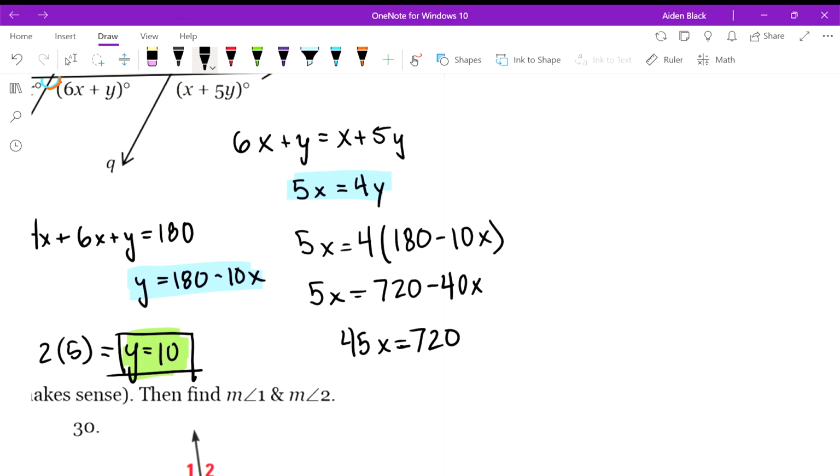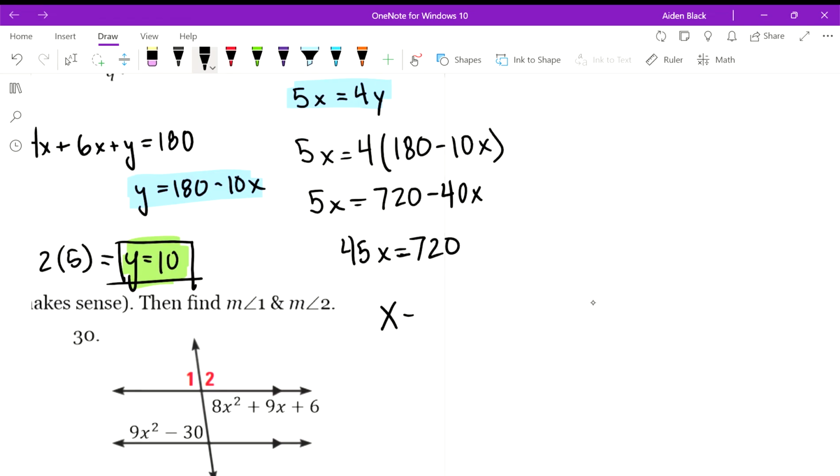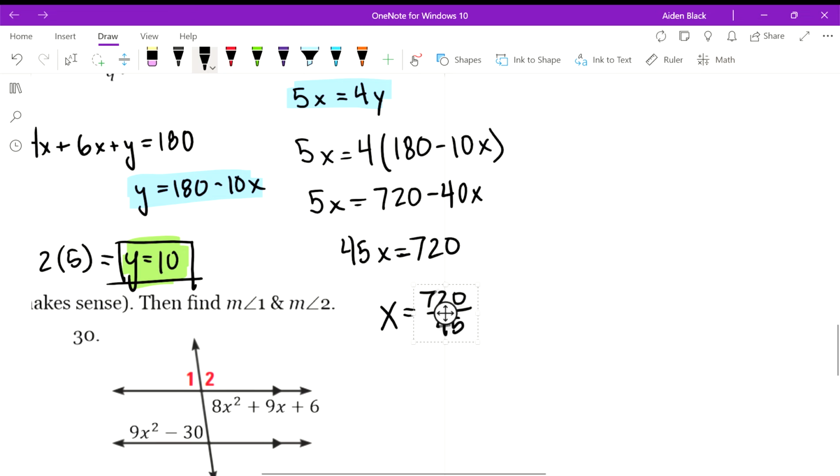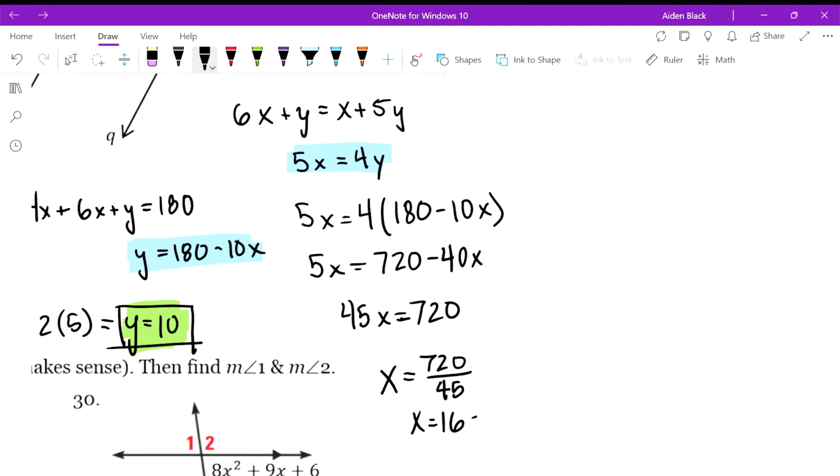And then divide both sides by 45. See if we get a solid number. Oh, nice. X equals 16. Now that I know what x is equal to, I'll plug it into this equation here.